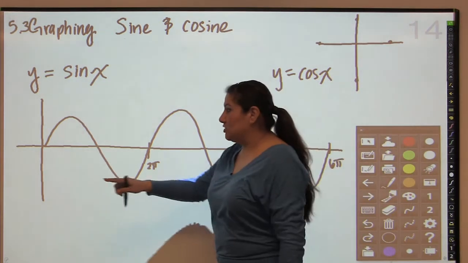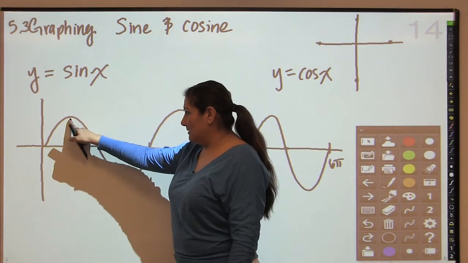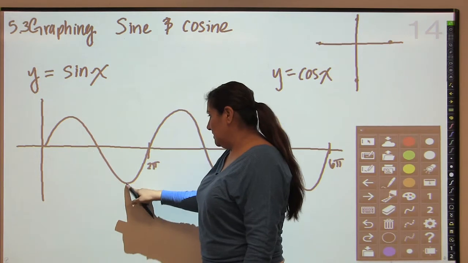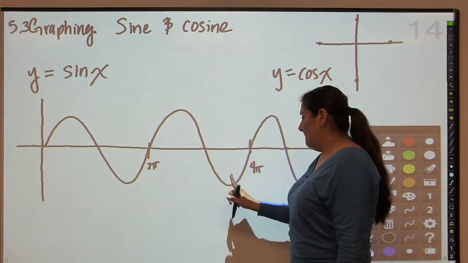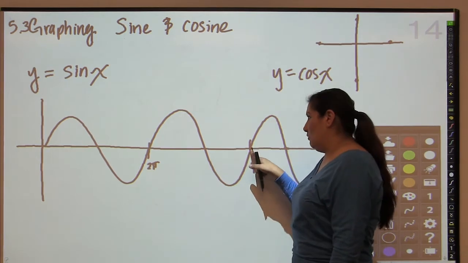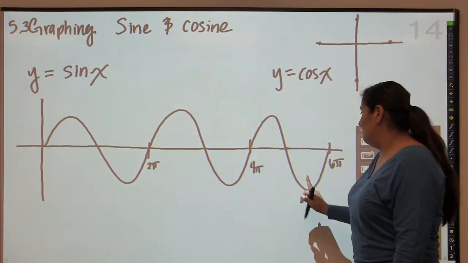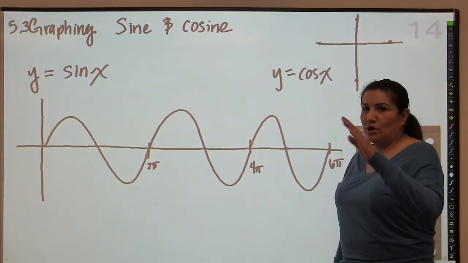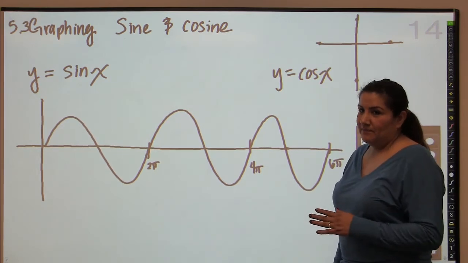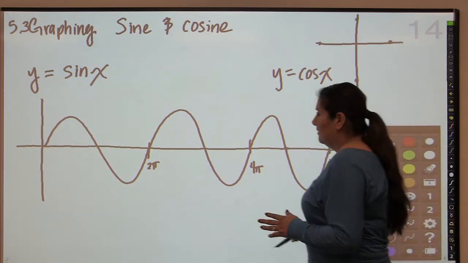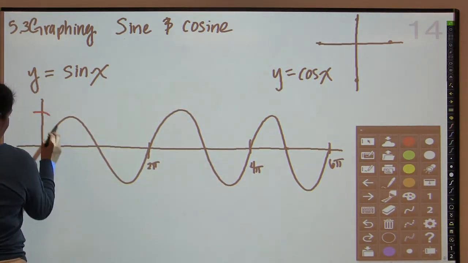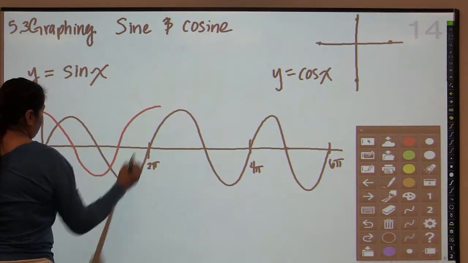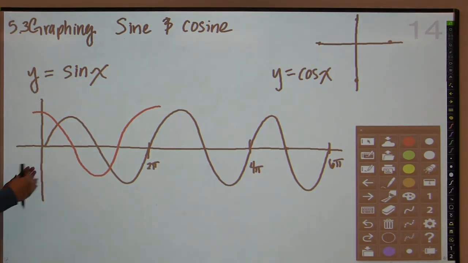Sine curves always start at 0, max, 0, min, 0. It always goes through that pattern. A cosine curve is kind of a shifted sine curve.